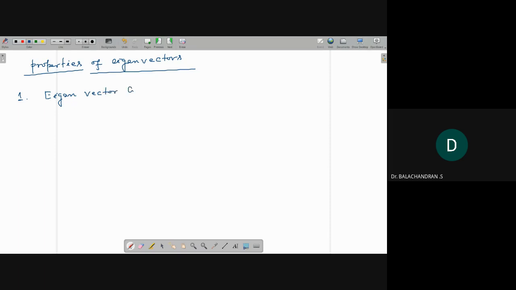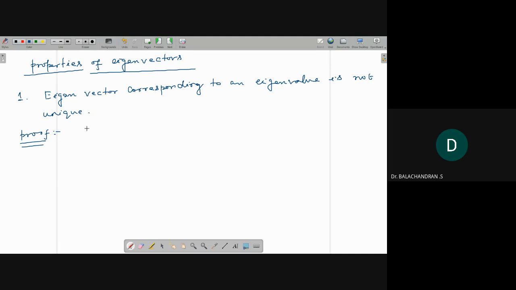Proof. So this means for an eigenvalue we have more than one eigenvector.